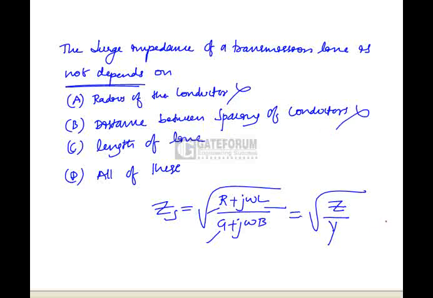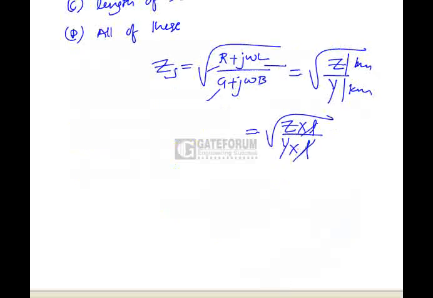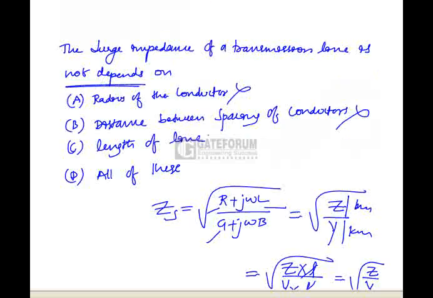Now what about the length of the line? If you see here, when you mention impedance per kilometer and admittance per kilometer, you can write this as Z into L by Y into L. So the length always gets cancelled. The ratio is always in ohm per kilometer or ohm per meter or Siemens per meter. So the length of the line also does not matter.